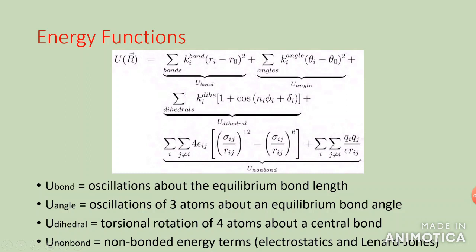One is the contribution of the van der Waals correction and the second is the electrostatic interactions of the molecules. So all these five terms collectively give us the potential energy function, and by differentiating this potential energy function we can determine the force field.